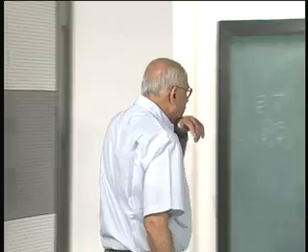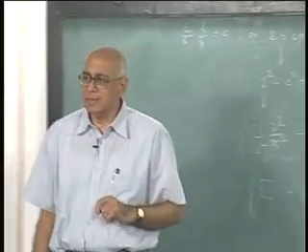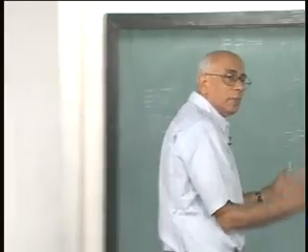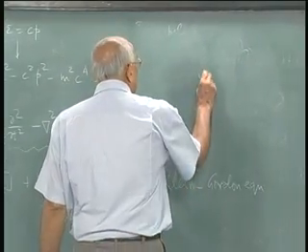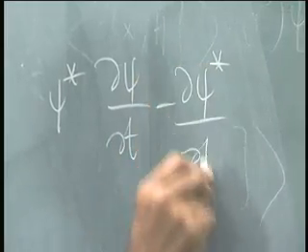It is an interesting historical sidelight that Schrödinger actually wrote this equation down first, even before he wrote down the original equation for the non-relativistic case. He wrote this down first and then gave it up as unphysical, because if you calculate from this equation the probability density, then instead of the probability density being mod psi squared, which is the probabilistic interpretation of quantum mechanics, it turns out to be psi star ∂psi/∂t minus ∂psi star/∂t psi, divided by i.